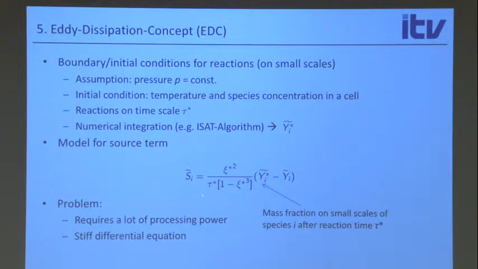And if this time scale here is very, very short, meaning I have fast mixing, then it means everything mixes within this time step, and I will reach the Y star. But if mixing in the cell is very, very slow, then the source term will be small, and I will advance my mass fraction towards this Y star, but I will not reach it. I will just go towards this, but I will not reach it. And the next time step, again, I do the same thing, okay?